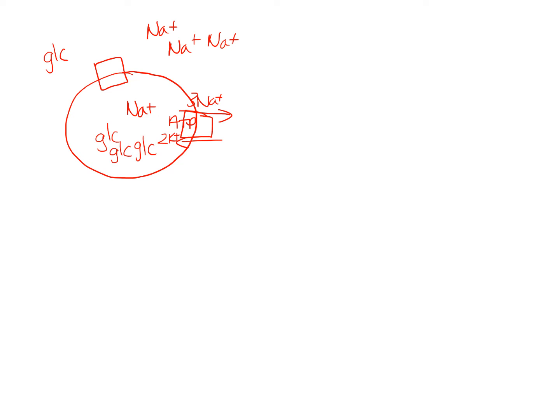So this sodium-potassium pump, that's primary active transport. And having this sodium-potassium pump is going to keep the sodium ions low inside the cell because we're going to keep pumping them out. And that's going to make the sodium higher outside the cell than inside. And that's going to allow our secondary active transport to work.